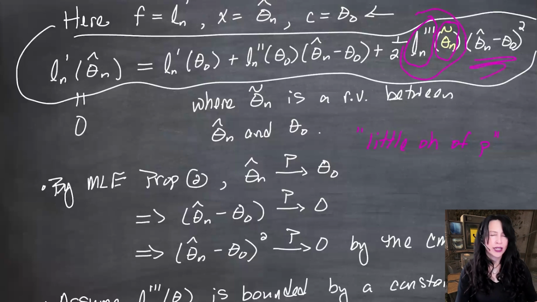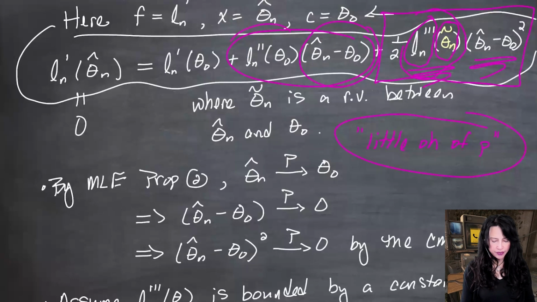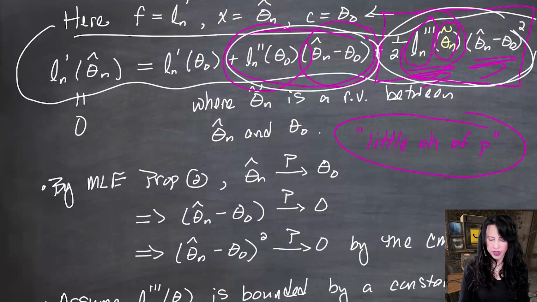And with this going to 0 and this being bounded, this final term, I claim, is going in probability to 0. And again, this is something known as a little o of p argument. And this may be going as well. This certainly is, but we'd have to talk about this. But that final term is going faster. And so what's actually happening in the limit is more dominated by this term. Like this term becomes negligible faster.